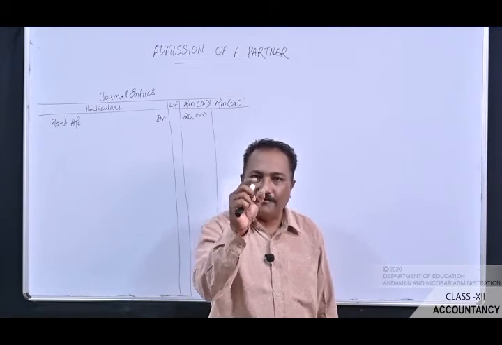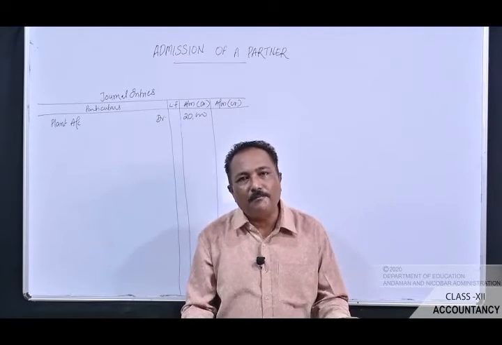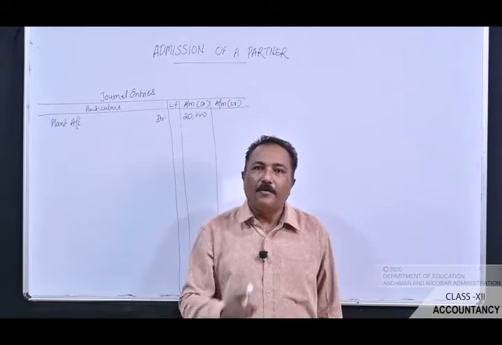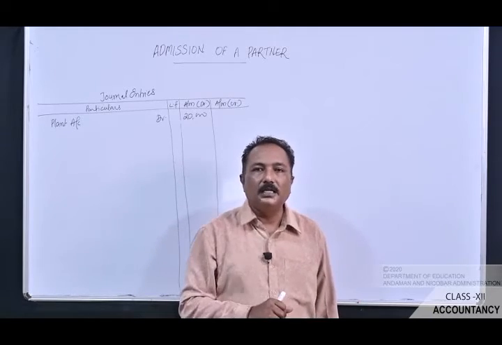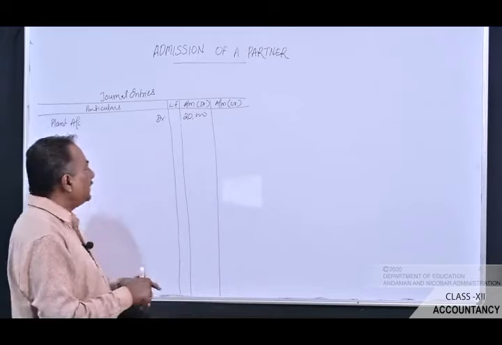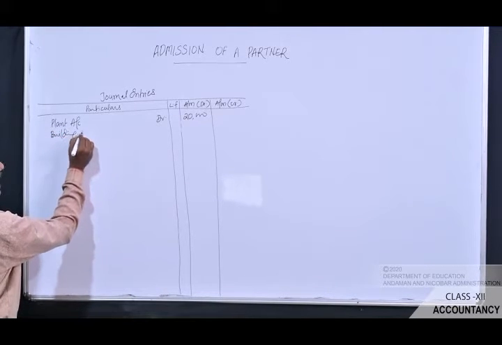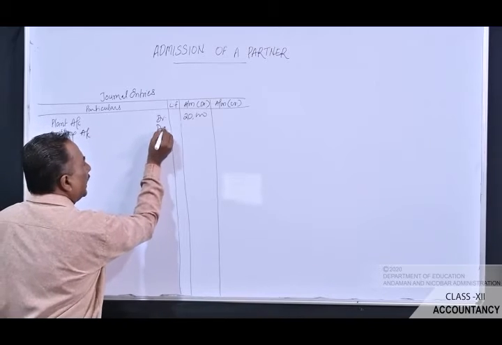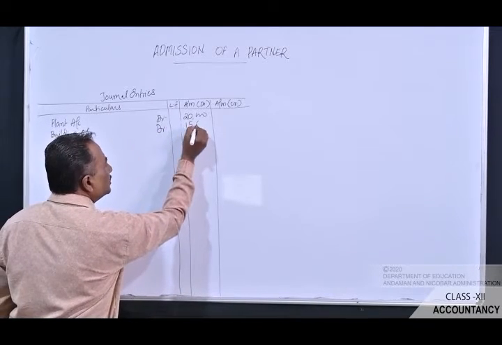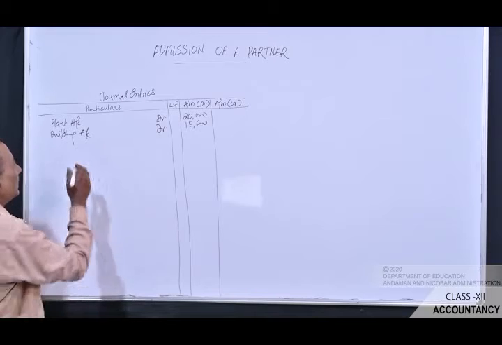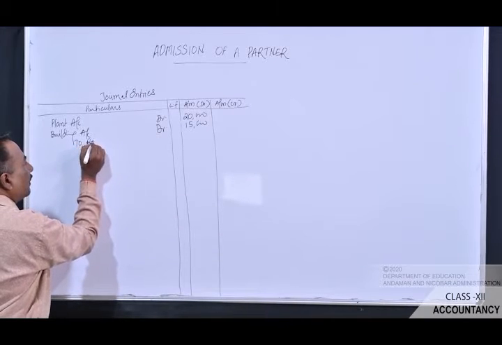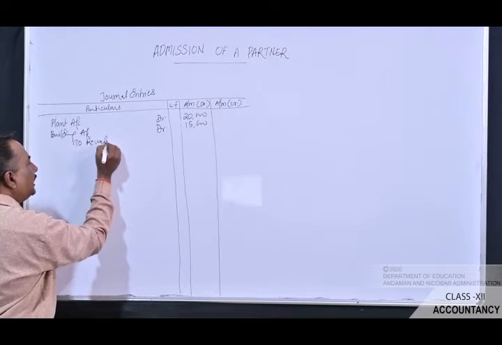It is rupees 15,000. So it means that the value of building has also appreciated with rupees 15,000. That has also to be debited. So here you have to write down building account debit, and the value of building has increased with rupees 15,000. And now here you have to credit the revaluation account.